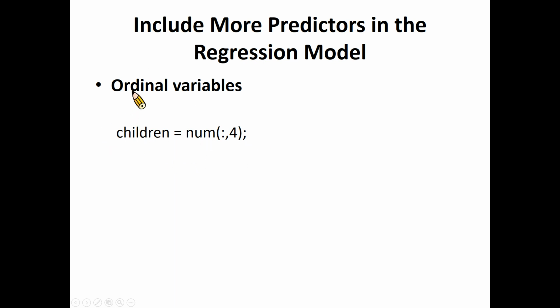The difference between ordinal variables and continuous variables is that ordinal variables usually have a small range and are very discrete. It's just like 0, 1, 2, 3, 4, 5. It has a particular order, and that order has meaning, which in this case is the number of children. The children information is in the 4th column of our table, so we just extract it by assigning the 4th column.